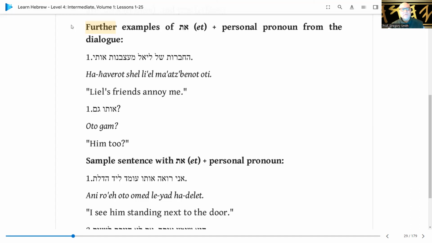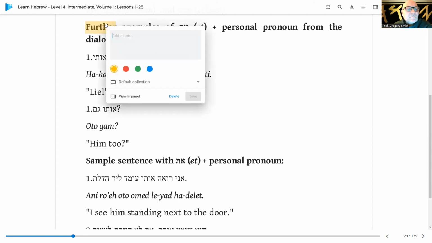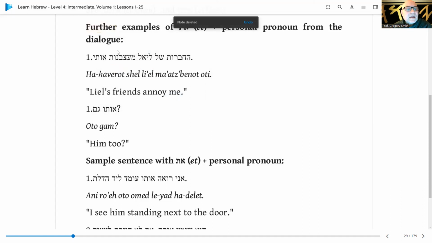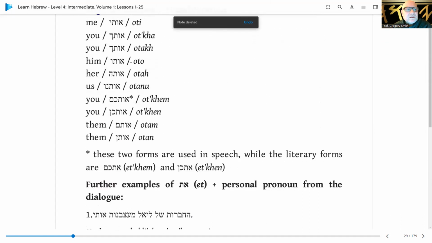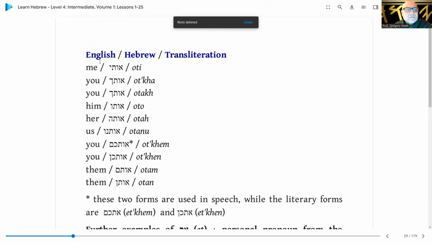So basically we left off, and I usually highlight where I leave off here. Previously we looked at this list of various forms of pronouns: English, Hebrew, transliteration. We have Oti, Otcha for you, Otach for you, feminine singular.